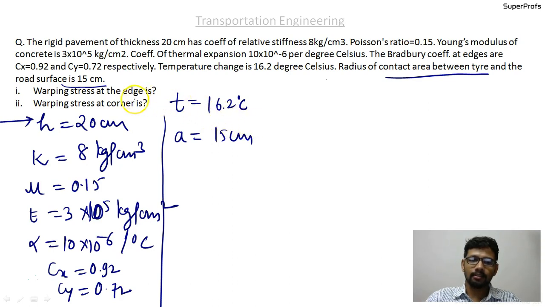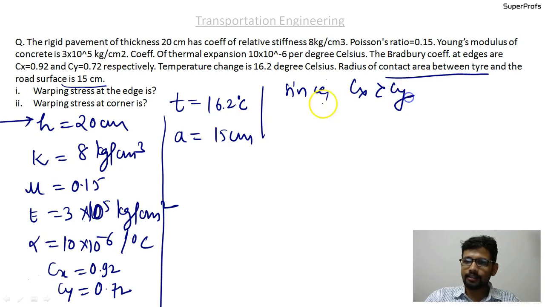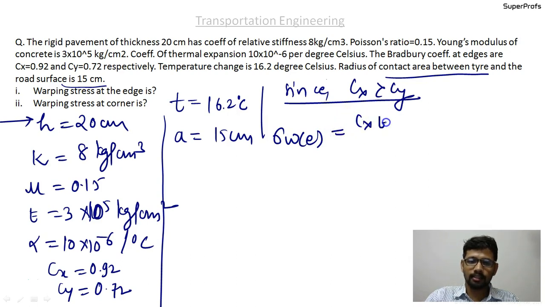So they are asking the warping stress at the edges. So the formula for warping stress at edge is given as, since Cx is greater than Cy in this case, the warping stress at edge will be given by the formula Cx E alpha T upon 2.